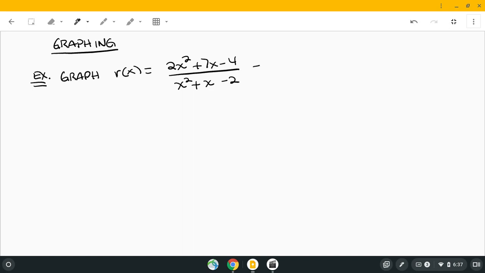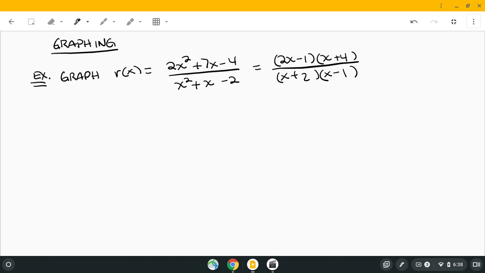You don't have to, but I am, just in case I might need it later. So 2x, x, minus and plus, and that looks like it's going to be 4 and 1. 2 times 4, 8, minus 1 is 7. Okay. And then down here, x times x, plus minus 2 and 1.